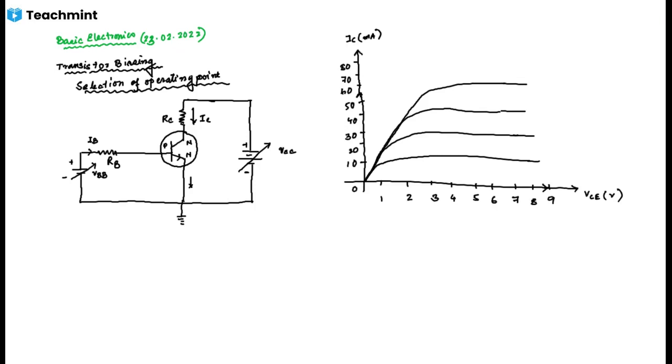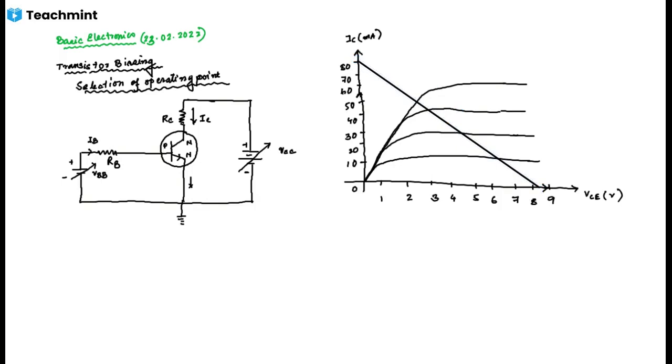Now I am drawing the quiescent point, or the Q point, or the load line. So like this is the load line.